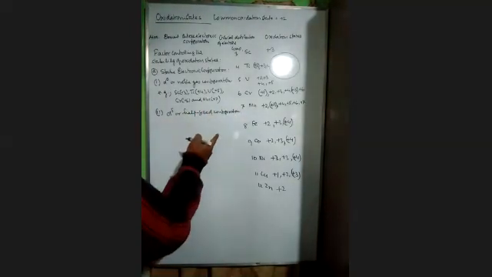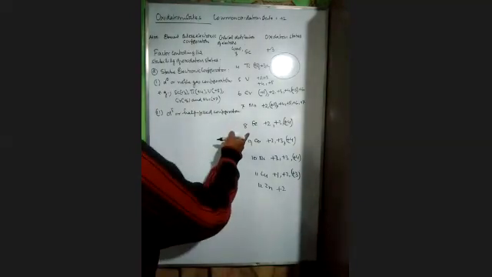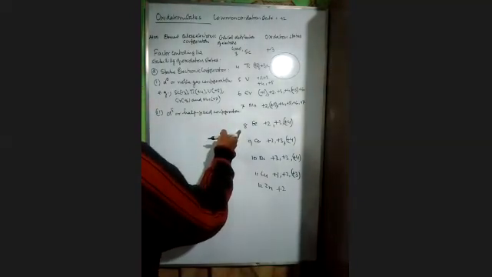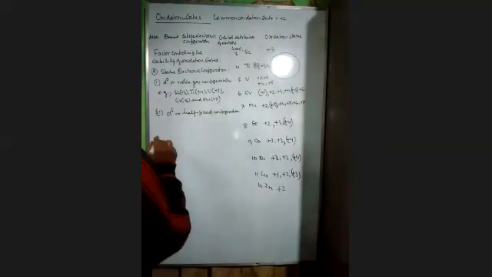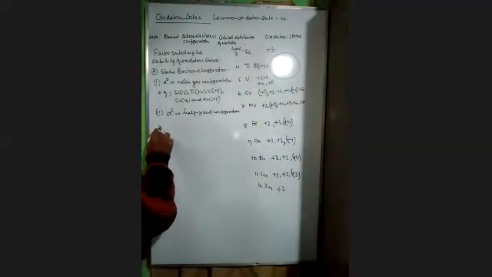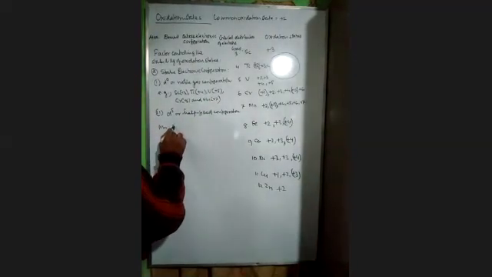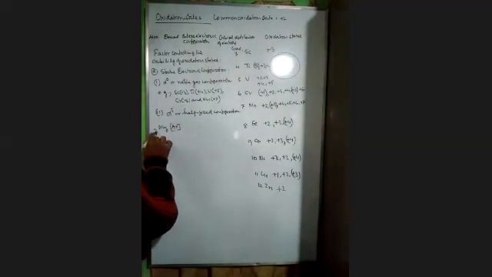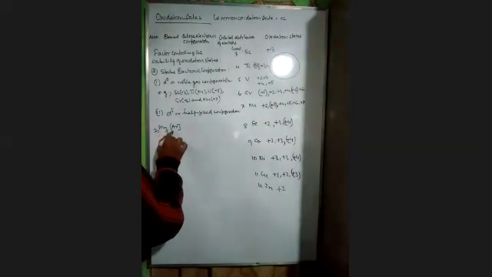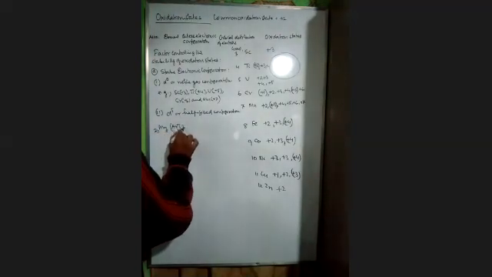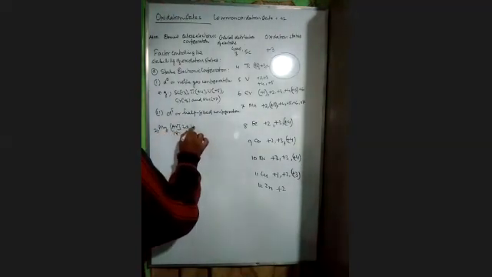See here. Let us come to this one. See, manganese has how many electrons? Manganese is 25. So it is Ar 3d5 4s2.